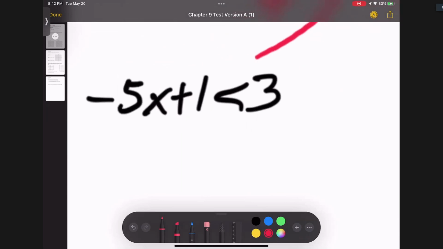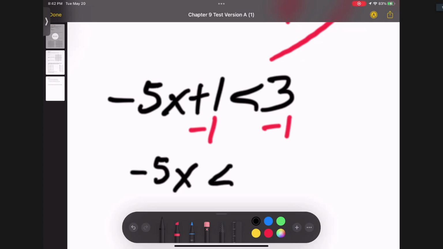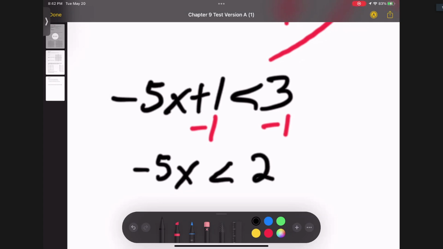Okay. Now, I need to just treat it like an actual equation. Just pretend that you need to get x by itself. So in order to get x by itself, I need to get rid of this positive 1. The opposite of adding 1 is subtracting 1. Subtract 1 on both sides. We got negative 5x less than 2.